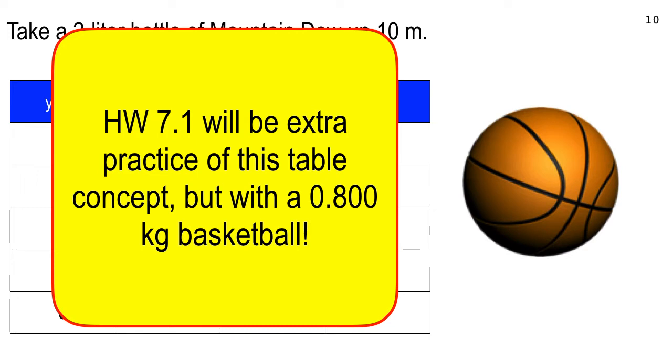Those electron energy levels are extremely important for us, and they're going to be electrical energy, not gravitational potential energy. But everything that we have done here today with this gravitational energy table, we'll be able to do with electrons orbiting the nucleus of an atom.